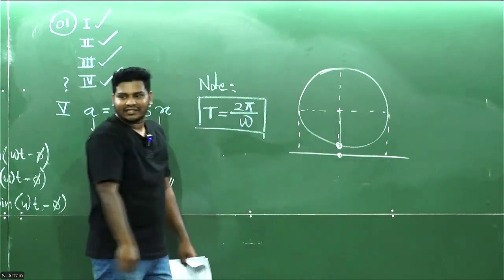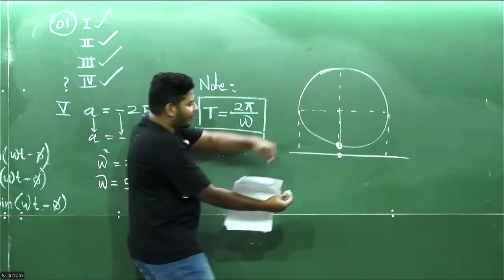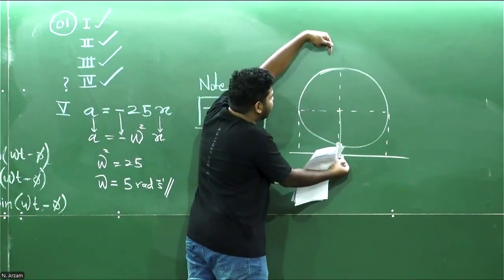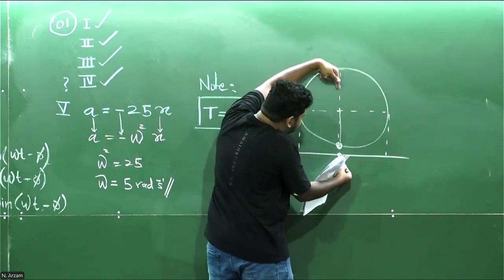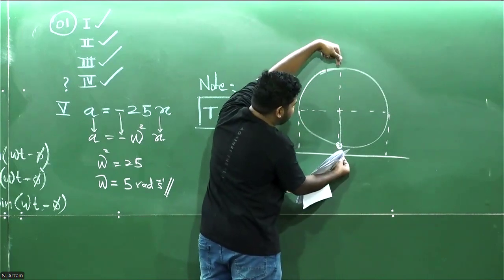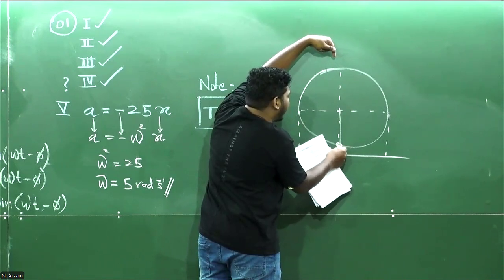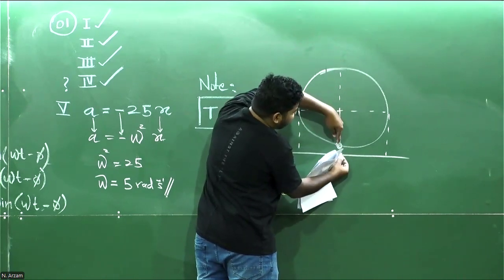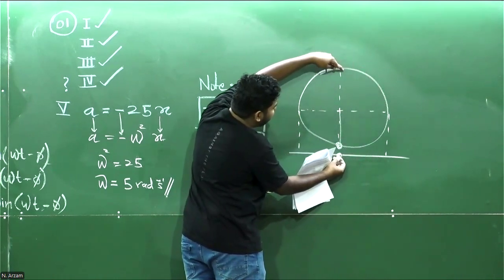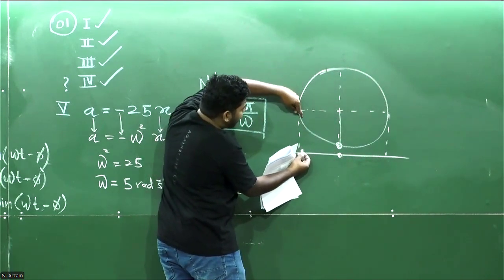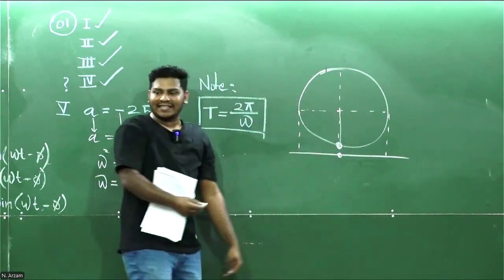This is a full oscillation. When we bring a light downwards, the shadow of this object is here, and it will move like this.